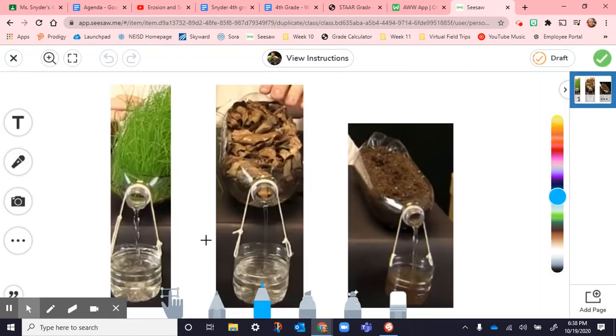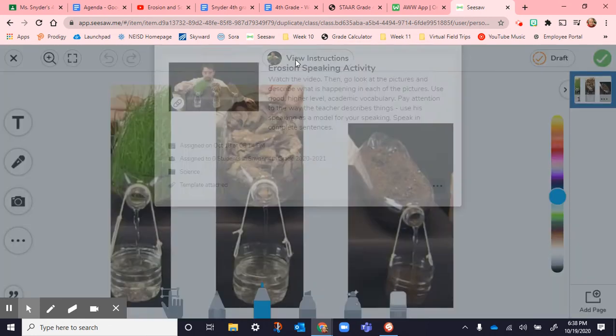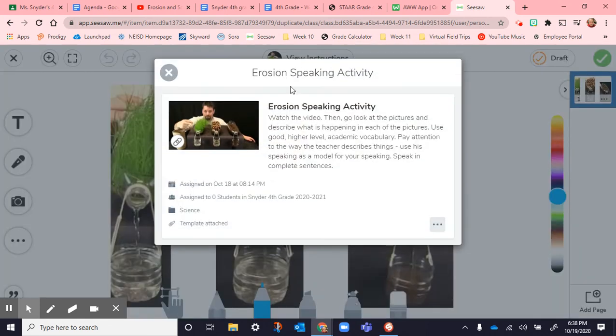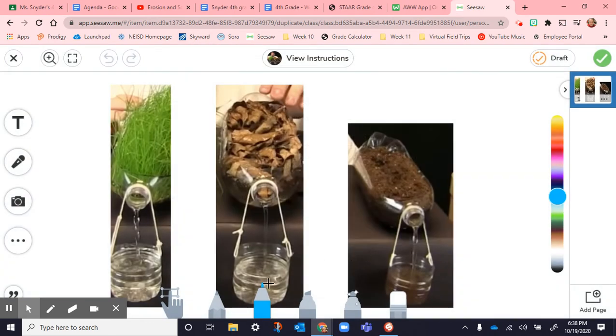So you have the 3 photos, and if you view the instructions here, it says you're going to describe what's happening in each of the pictures. You're using your academic vocabulary, you're describing them, you're modeling like how he did, and you're explaining what you saw happened and why you think those things happened, why we got 3 different results with these 3.